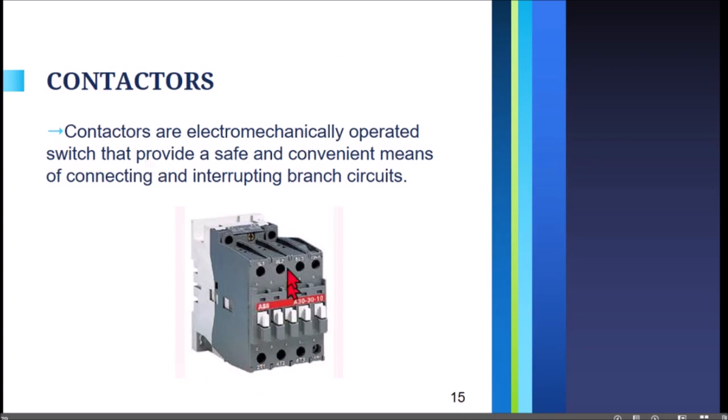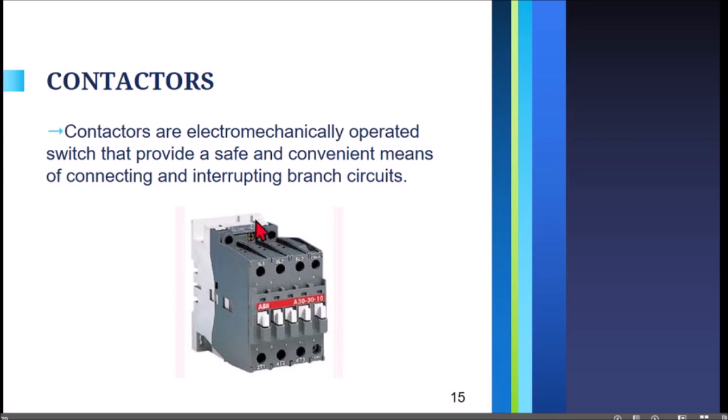So this is a contactor. The brand is ABB. As you can see, we have here L1, L2, L3. I hope it will be clear on your cell phone screen. You have T1, T2, and T3. L1, L2, and L3 are the supply, the wires of the supply.